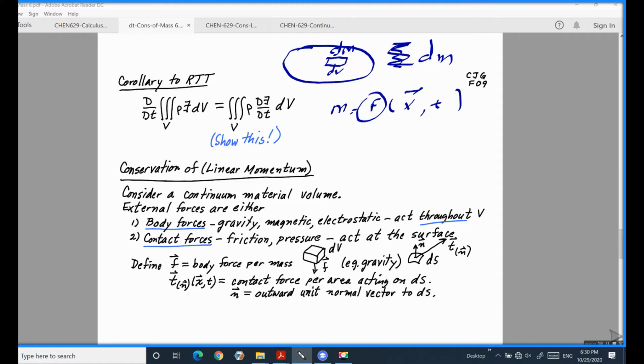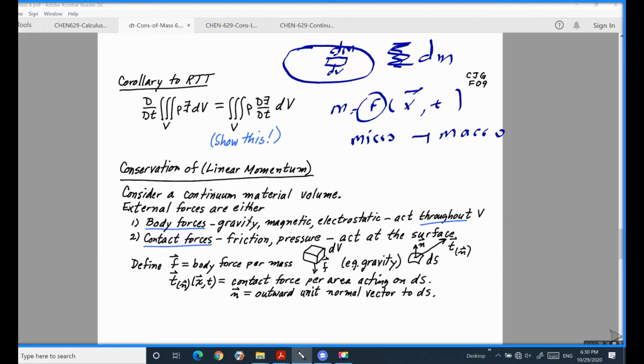If this function has the derivative at each point, this means it's continuous. There is no discontinuity. Then you can call this a continuum region. So we call this micro, or we can move to macro size.